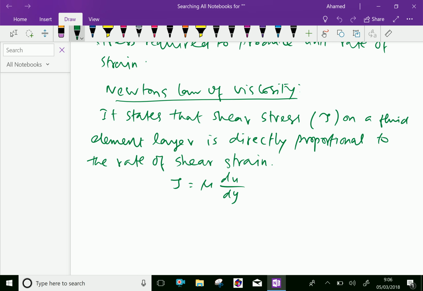Now, a fluid which obeys the above relation is called a Newtonian fluid, but some fluids will not obey Newton's law of viscosity, so they are called non-Newtonian fluids. We have done.